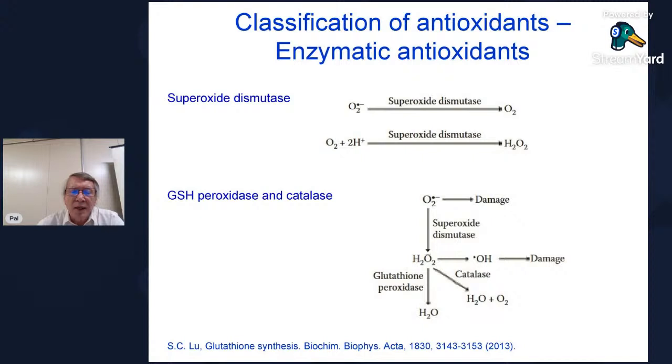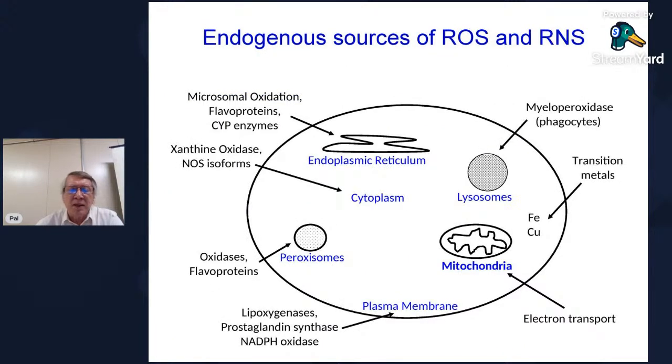One of them is catalase, the other one is glutathione peroxidase. Catalase converts hydrogen peroxide to water and oxygen, and glutathione peroxidase reduces hydrogen peroxide into water. At the same time, the reduced glutathione is oxidized to glutathione disulfide. So these are the antioxidant enzymes which are involved in the elimination of reactive oxygen species.